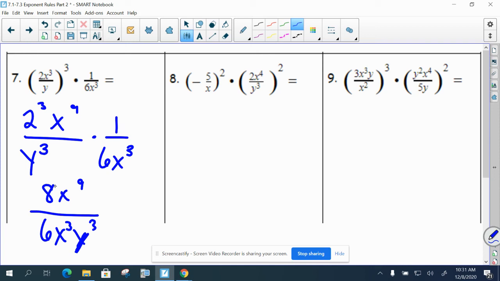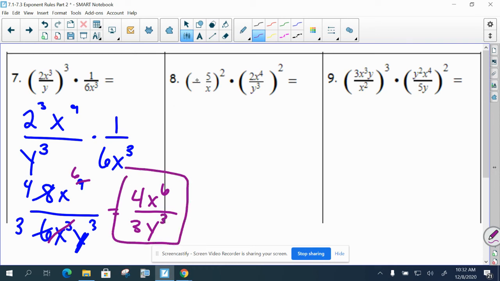Right now here, 8 over 6 simplifies to 4 over 3. And then for the x's, these 3 x's will cancel with 3 x's up here, with only 6 left. So then your final answer is 4 x to the 6th over 3 y to the 3rd.